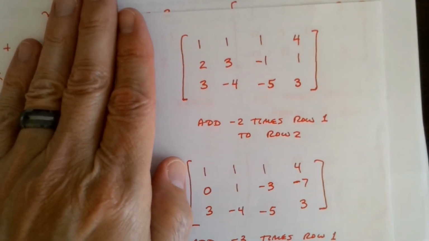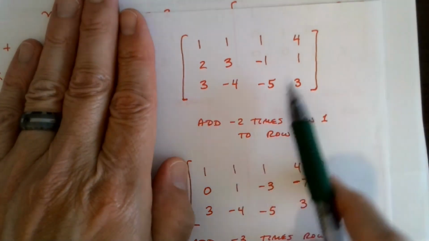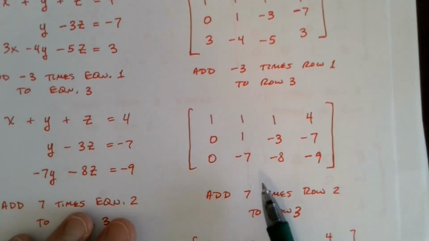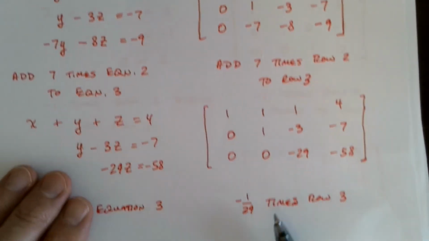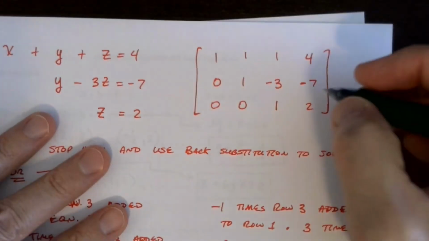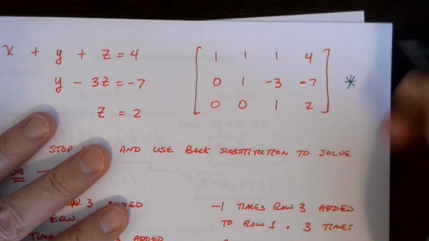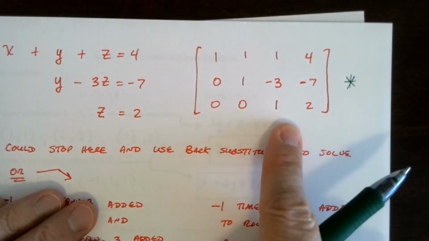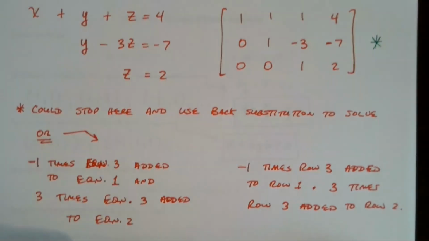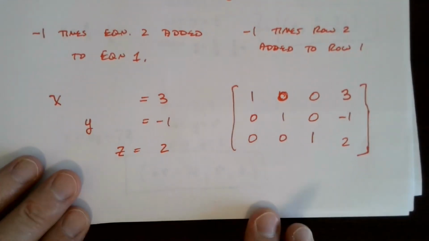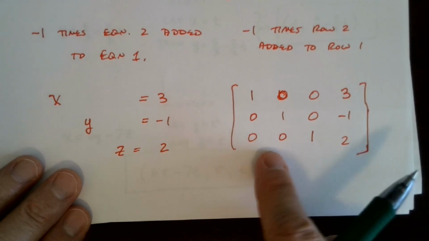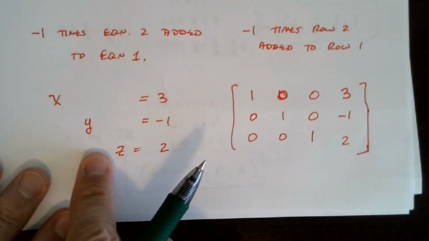So we're going to start with the augmented matrix, and we're going to try and get it into a particular form, doing just these row operations that are valid, because we know they're valid over here for the equations. Basically, two important forms that we would like to get it into are either this form here, which we'll see is called a row echelon form, and in that form we can then use back substitution, as we said, to solve the system, or we can take a look at getting down to this form, which is what we sometimes call reduced row echelon form, and that form will give us the solution out like this.